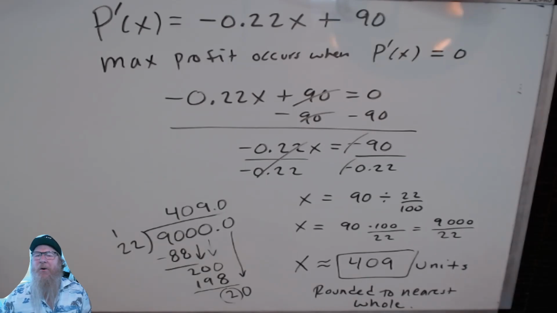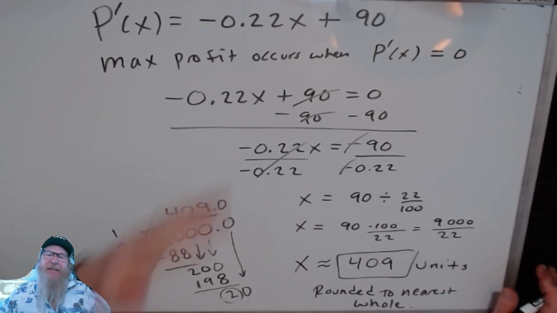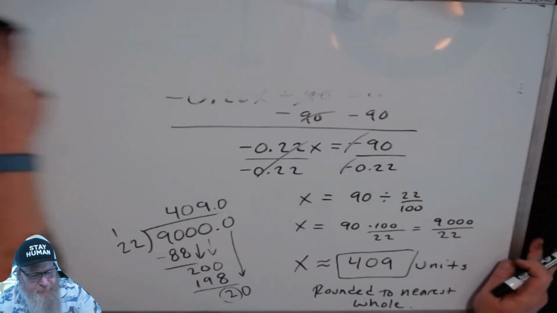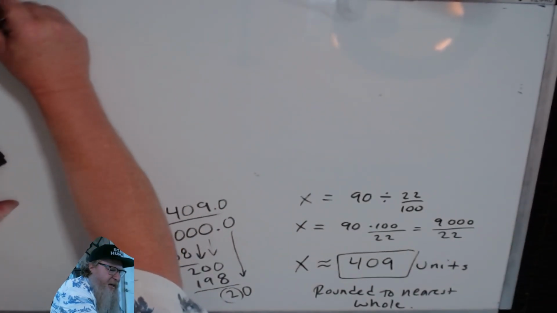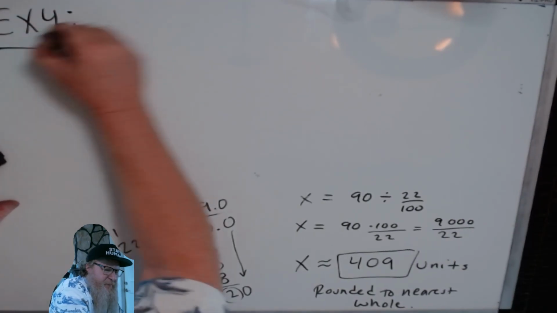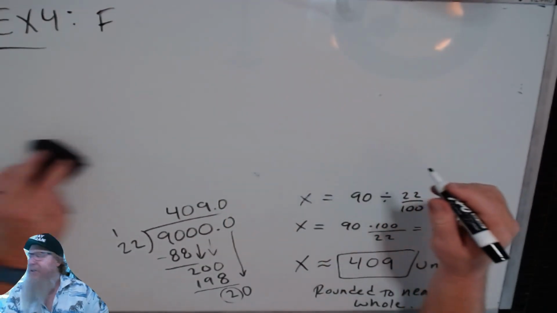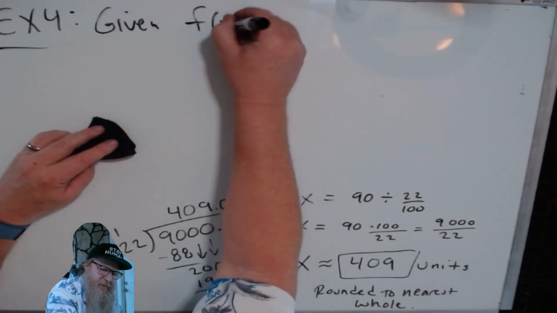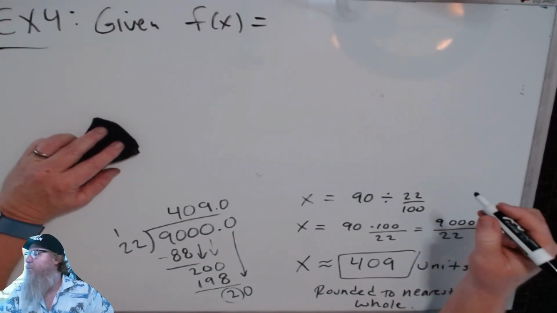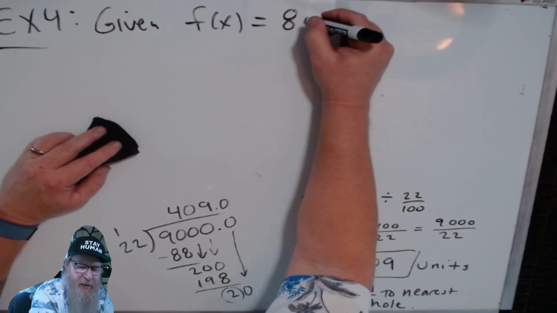So a couple more objectives. Back to the tangent lines. We've been talking about the slope of the tangent line, but we haven't found the equation of a tangent line yet. Remember, the slope is just one aspect of the tangent line.